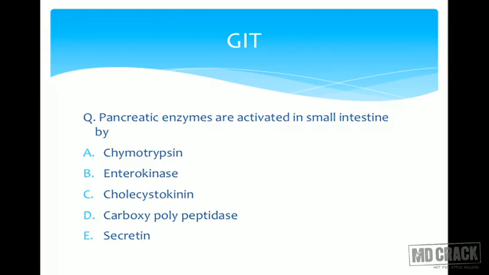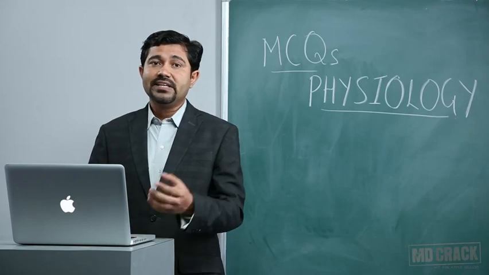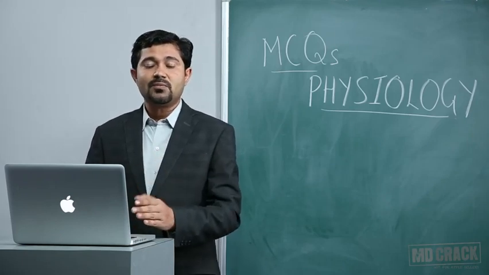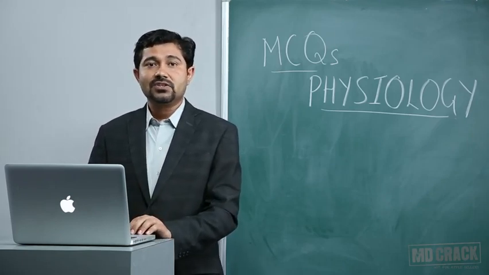Pancreatic enzymes are activated in small intestine by: chymotrypsin, enterokinase, cholecystokinin, carboxypolypeptidase, or secretin. Now this is again of your knowledge that pancreatic enzymes, especially the protein digesting enzymes, should not be activated within the pancreas itself. When they reach the intestine, one factor is going to cause their activation.